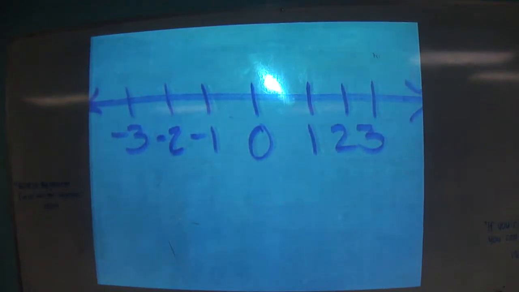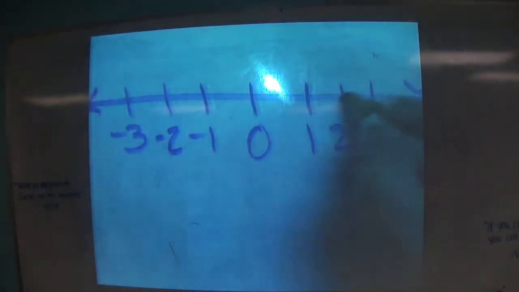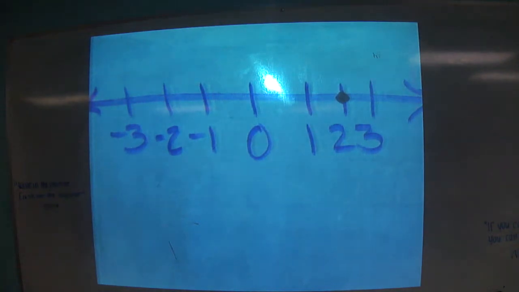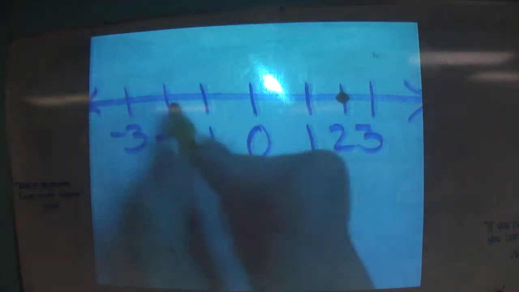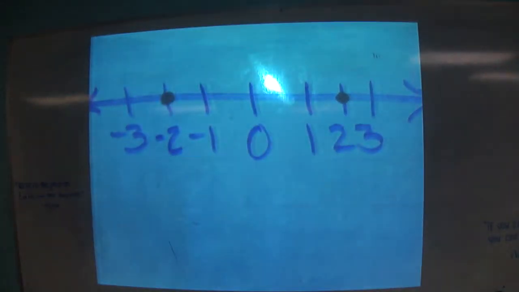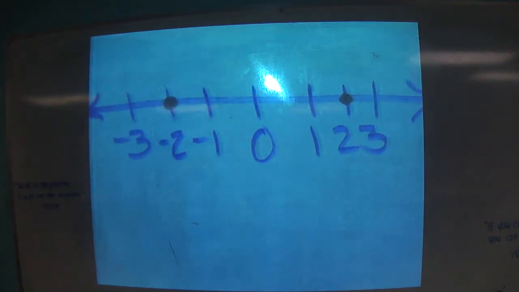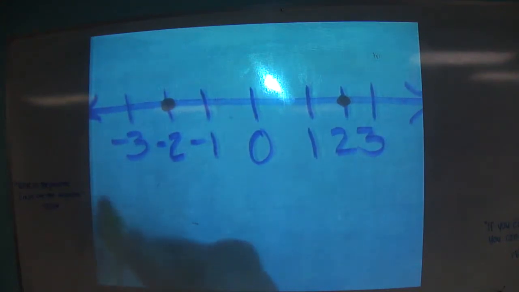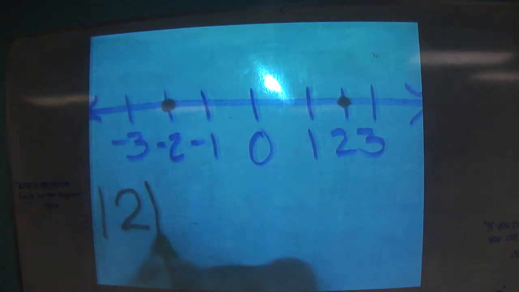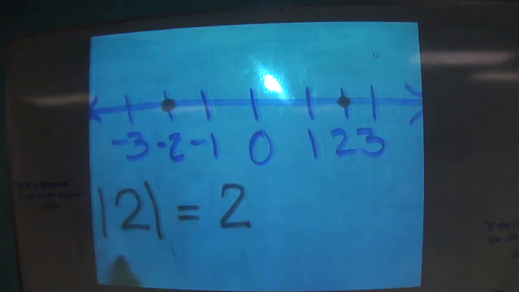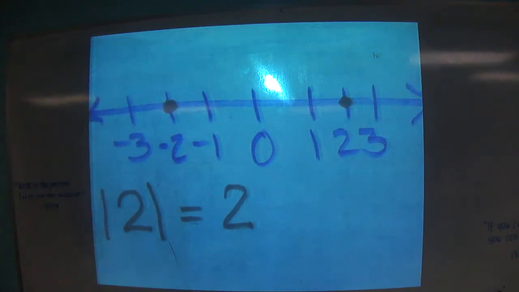If we look at 2, how far is 2 from 0 on the number line? 2. How far is negative 2 from 0 on the number line? 2. Therefore, the absolute value of 2 is 2. That's how far it is.